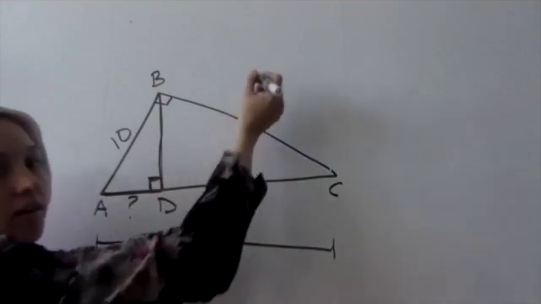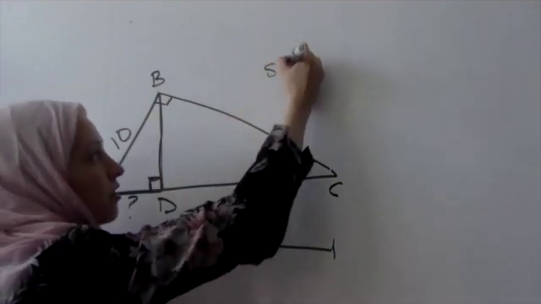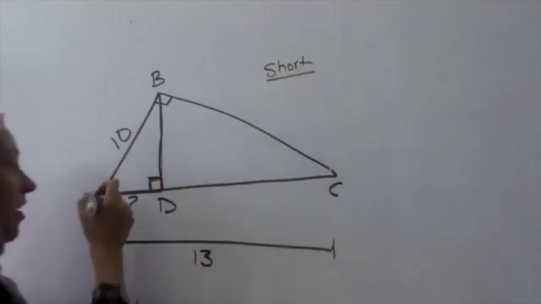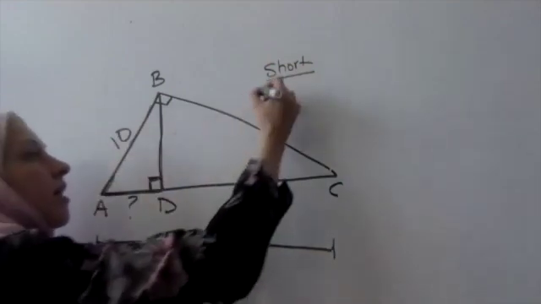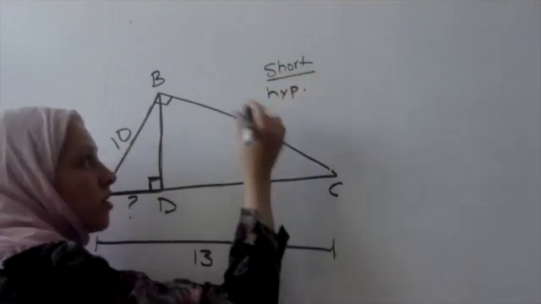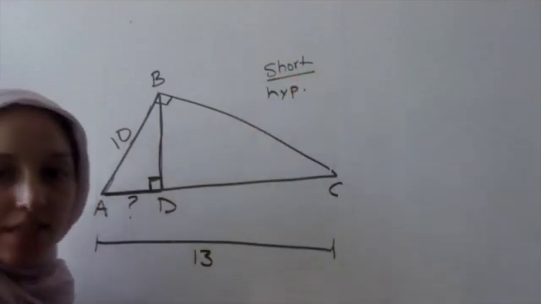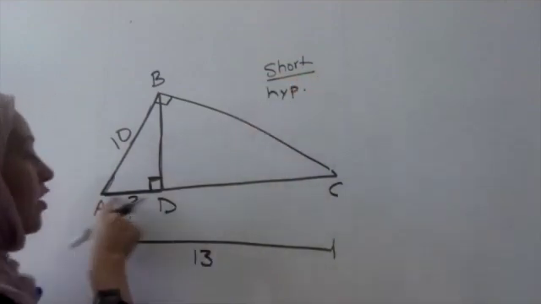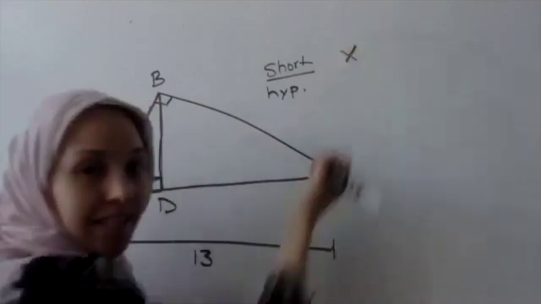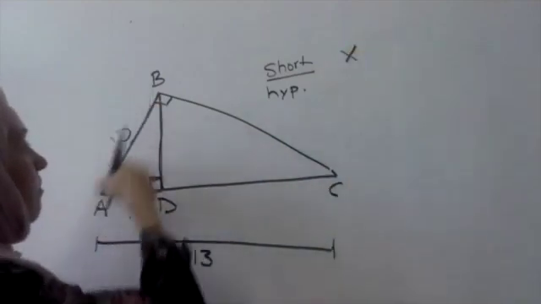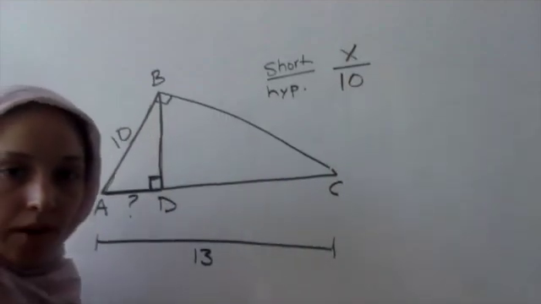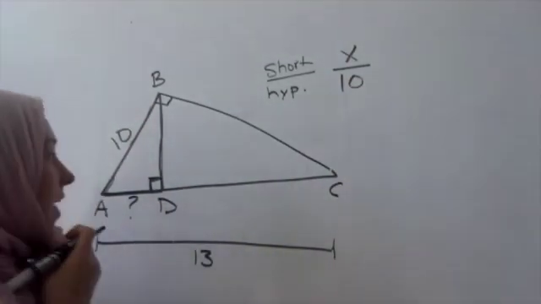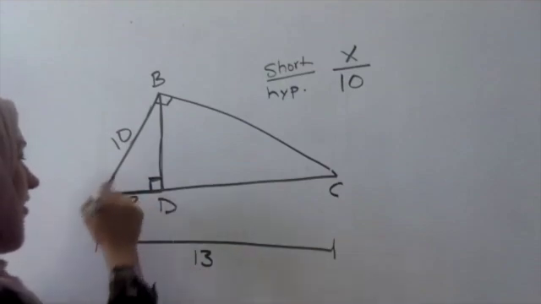So my ratio is short leg over hypotenuse. My short leg, since I don't know it, is x, and then my hypotenuse is 10. Then I have to find another triangle here.